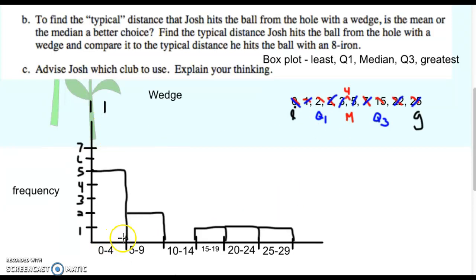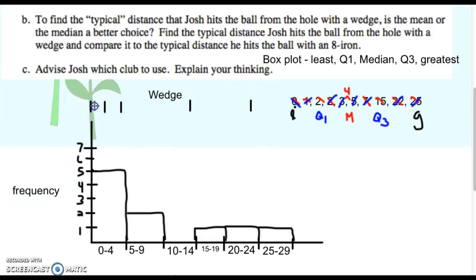Then my median's at 4, which is my line here. Then a line at quartile 3, which is 15, way up here. And then a line at my greatest number, which is 25, down here. So I have 5 lines for each of the things I need to make my box plot.